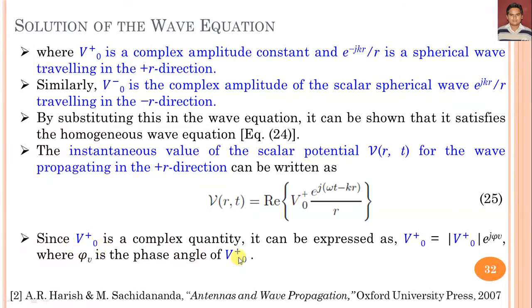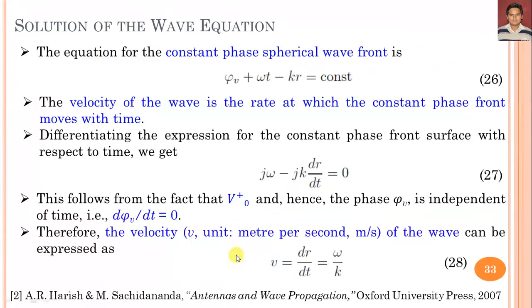Here V plus is a complex quantity, as we have discussed, and can be expressed as V plus is equal to magnitude of V plus e to the power j psi V, where psi V is the phase of V plus. So the equation of the constant phase spherical wavefronts is psi V plus omega t minus kr is equal to constant.